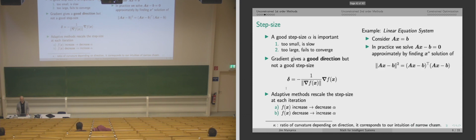To solve that practically using gradient descent, you would say Ax minus b is equal to 0, and find an approximate solution, meaning one that minimizes the difference between Ax and b in terms of the least squares norm of the difference. So you minimize the norm of the vector Ax minus the vector b, and eventually they will converge.